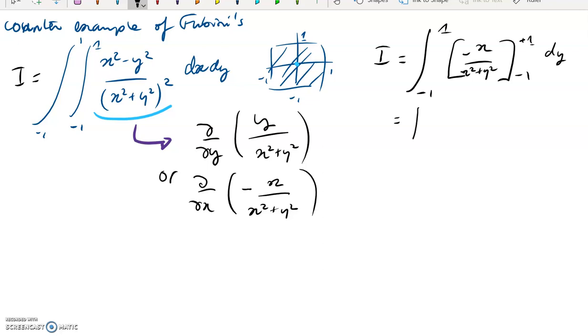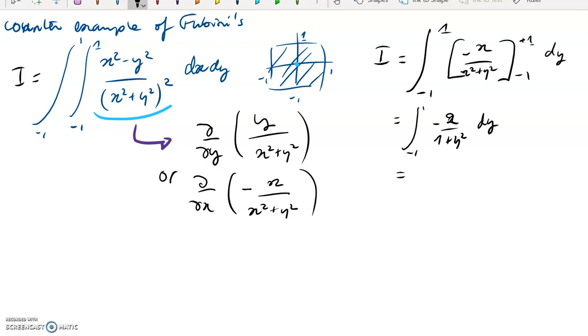That gives me the integral between -1 and 1 of: minus 1 over (1 + y²) minus 1 over (1 + y²). Substituting x, we have three minuses, so in the end it gives me another minus. So that is minus 2 over (1 + y²), and what's remaining is the dy.